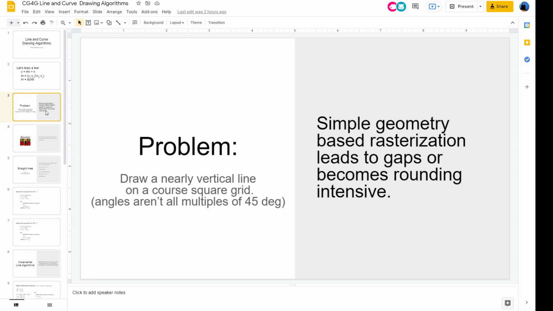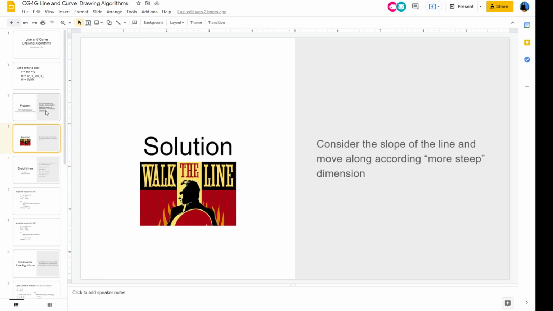But we have issues. Now, we can, of course, just walk the line. In the normal case, if the slope were about 45 degrees, every time we moved one in x, we would move one in y, and it would all work out well.